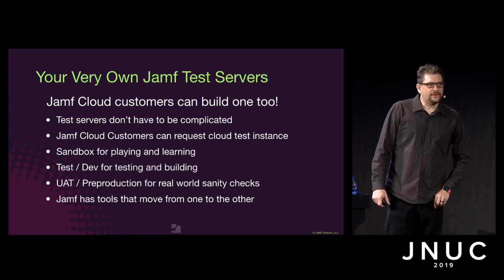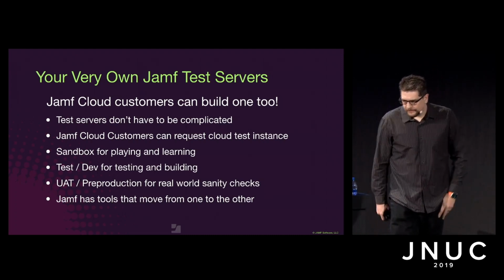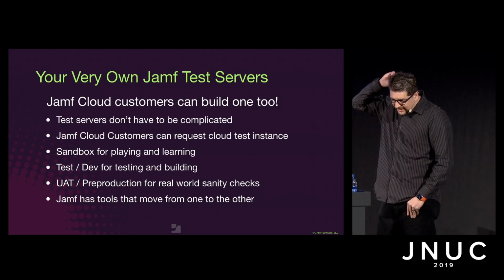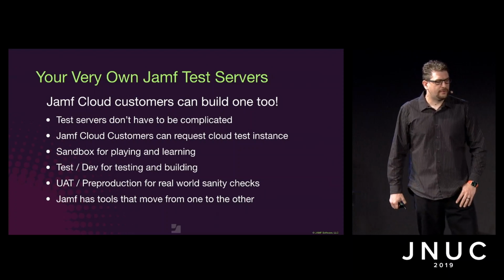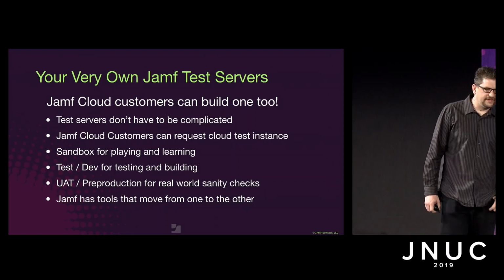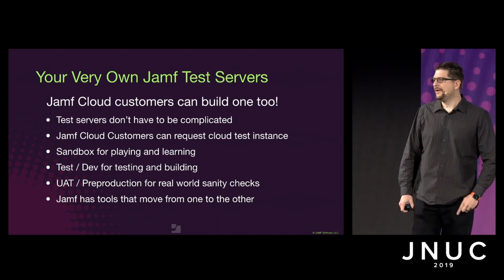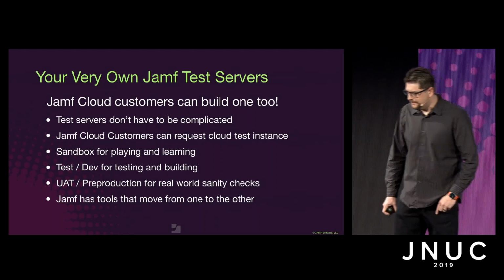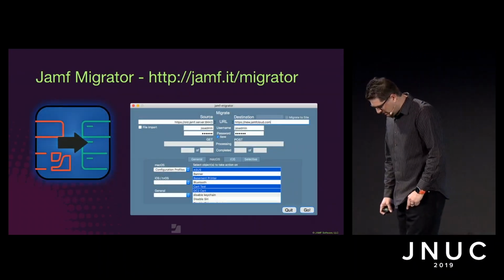And that'll help you build a workflow for rolling out that change into the production server. Because of that, UAT and PreProduction should be as close to a clone of your prod as possible, right? Because we're not testing if the thing works, we're testing how can we roll it out? How can we implement it without shutting down management to all of the devices? Because I've been on site while that happens, and they get really angry.